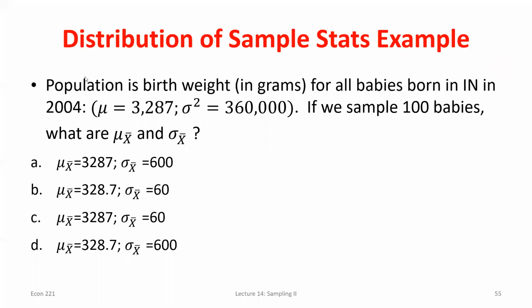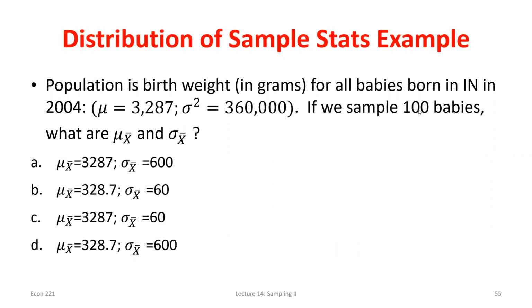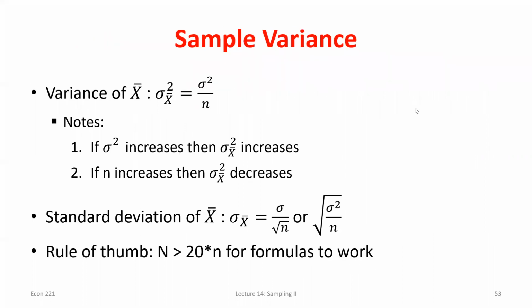So let's think about if instead of 36, we took samples of size 100. If I take a sample of size 36, I found that the standard deviation was 100. So if my sample size increases, what should happen to that standard deviation? Well, if we go back to this equation, if the sample size goes up, I'm dividing by a larger number, so the standard deviation of my sample mean should go down.